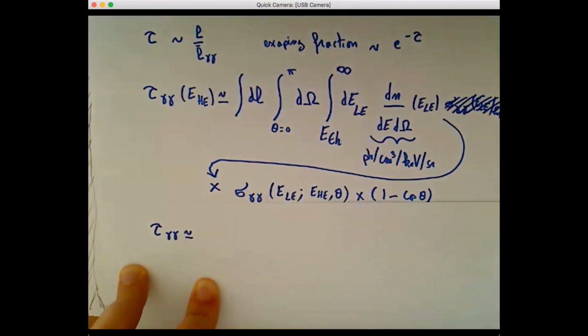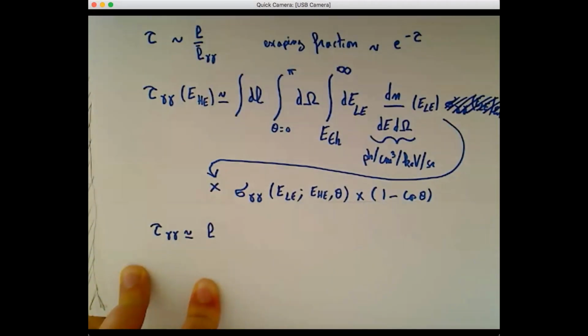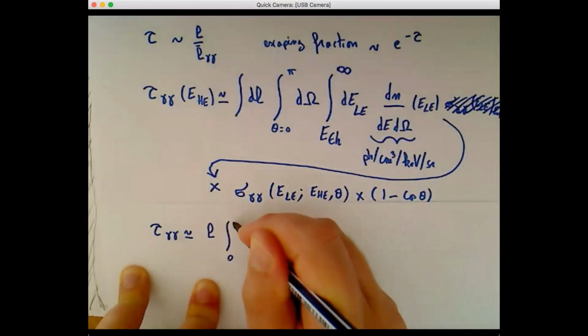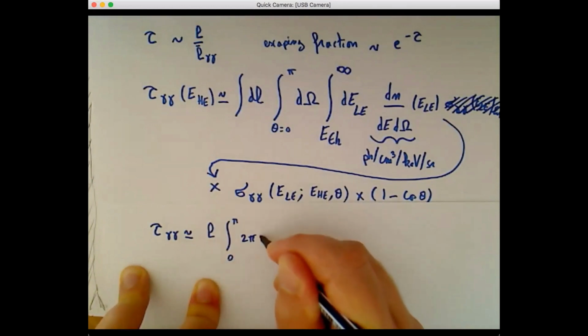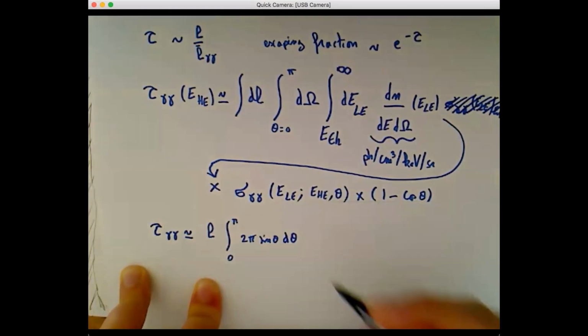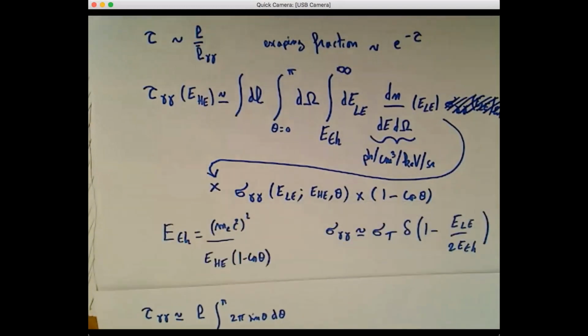I will consider that my source is homogeneous. So the integral over the path is just the size of the region. Then the integral over omega is just 2 pi sine theta d theta, the usual solid angle. Then the last integral is easily computed because of the Dirac function.